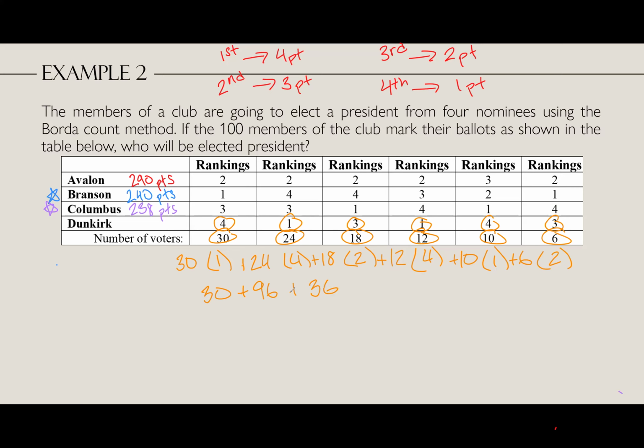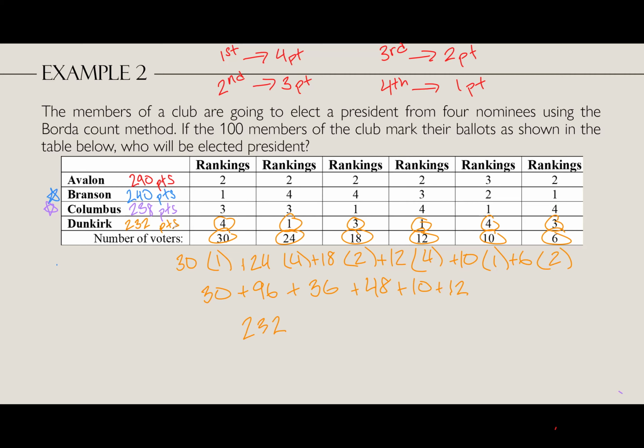Plus 18 times 2, we get 36. 12 times 4, we get 48. 10 and 12. So let's see what happens whenever I add these values together. We get a nice total value of 232. So Dunkirk gets 232 points.